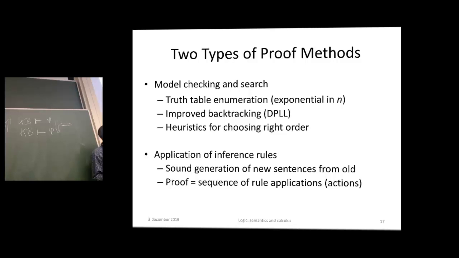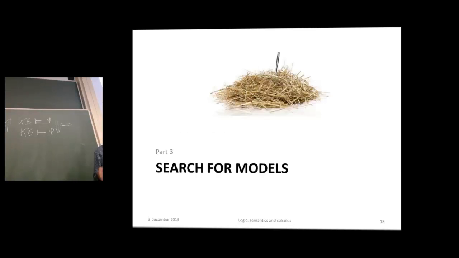So we're now looking at a sound, complete and terminating algorithm to determine in propositional logic whether a formula is entailed or not. And basically how we do that is we search for models.